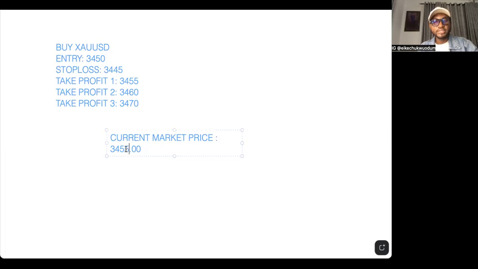So if this is 50 pips and then price moves, how many pips is this now from entry to this price? Price has moved from here to here. How many pips is this?